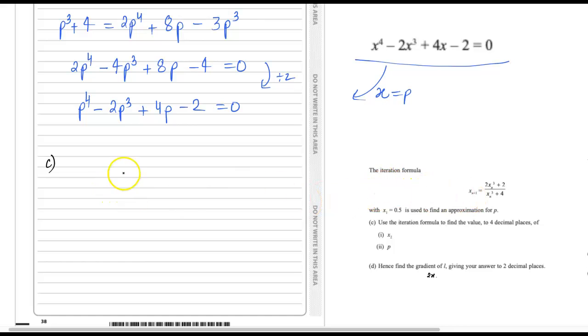The iteration formula given to us is x to the power n plus 1 is equal to 2x_n cubed plus 2 over... did I say x to the power n? Just forget it, I'm taking it back. It is x_n cubed plus 4. Okay, this cube is hiding. x_n cubed.